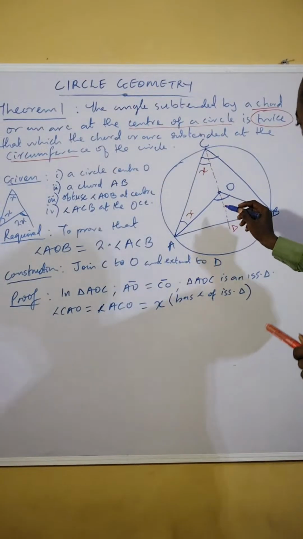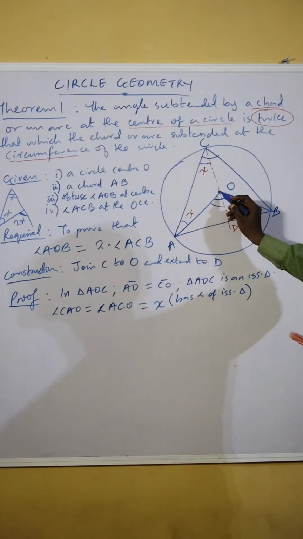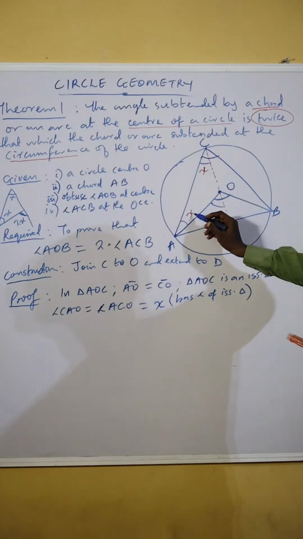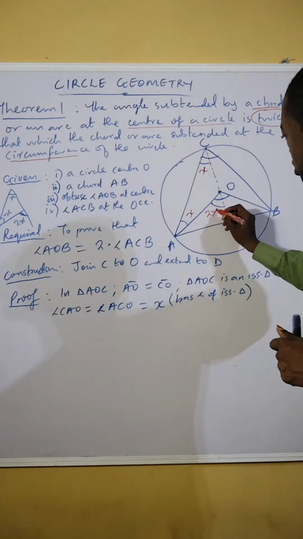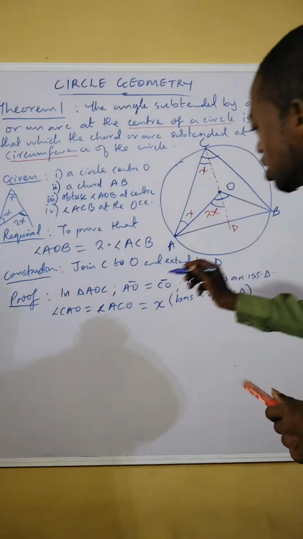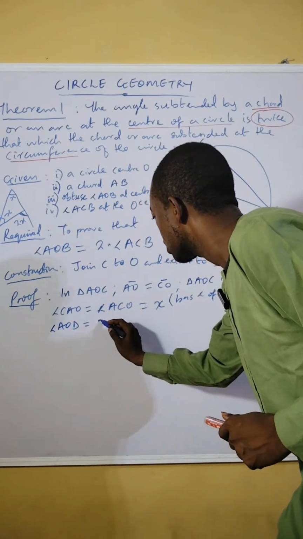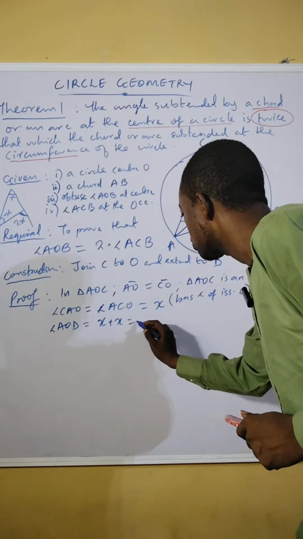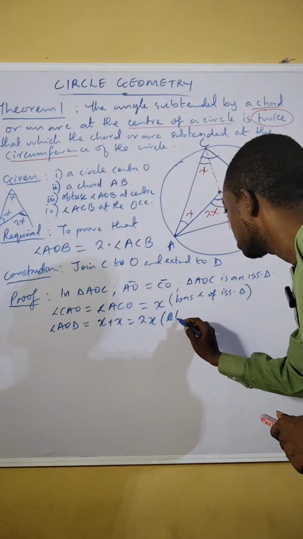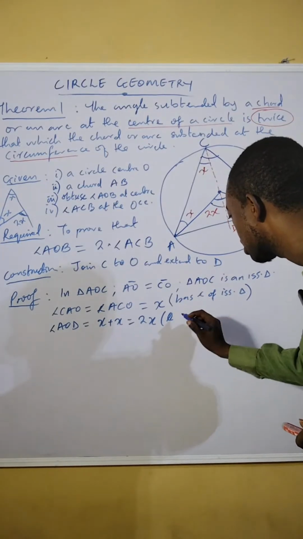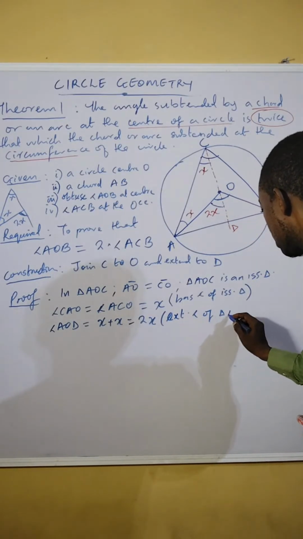So the same way we can get this angle here, which is angle AOD. It will now be x plus x, which is going to be 2x. Then we can put it down here and say also angle AOD is equal to x plus x, which is 2x. Why? That's exterior. We put the reason as exterior angle of triangle AOC.